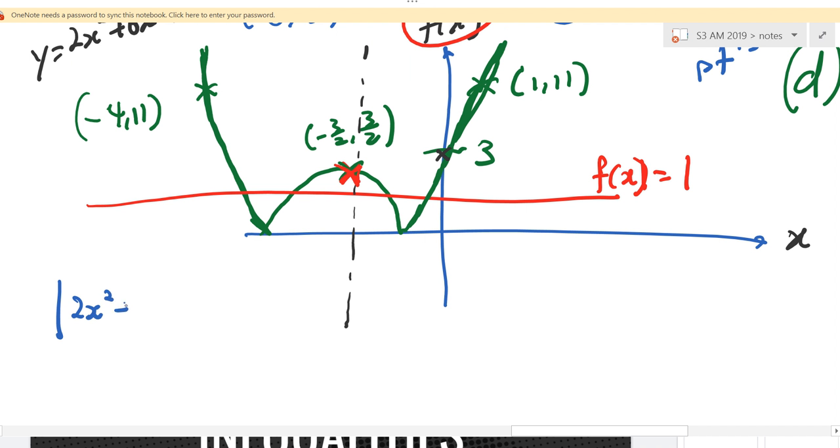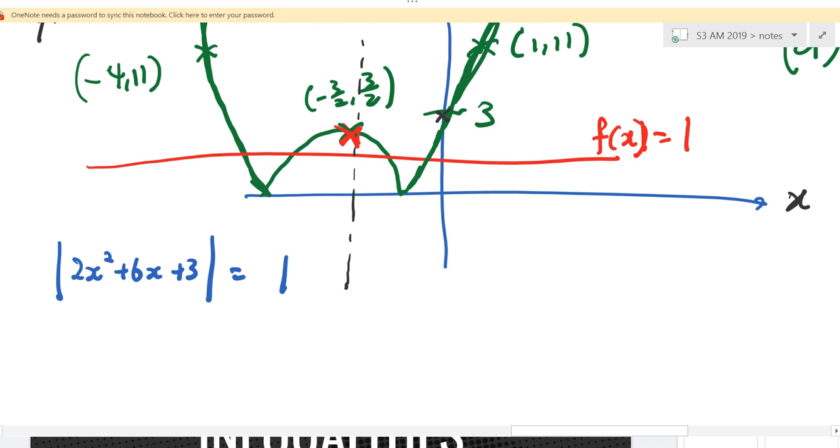How do I solve? Very simple. I will have what? Plus minus 1, right? Or, can I stop the video here? Worst case is the modulus.